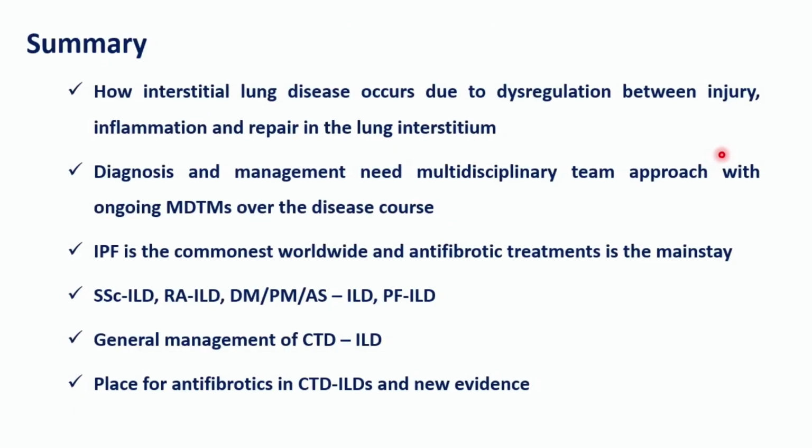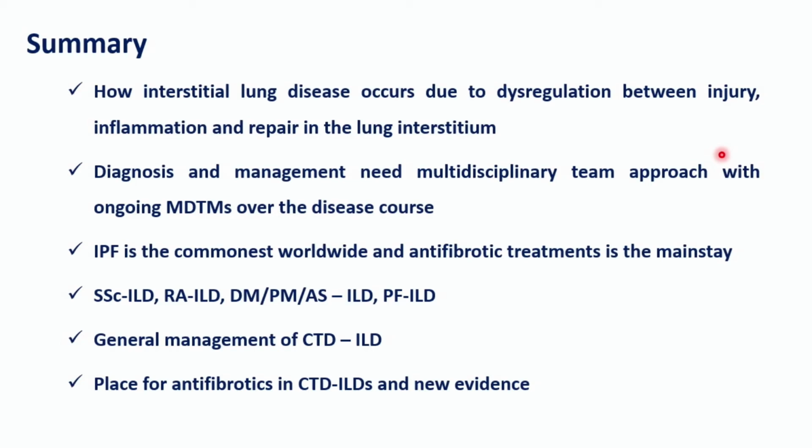So in summary, we talked about how interstitial lung disease occurs due to dysregulation between injury, inflammation, and repair in the lung interstitium. And diagnosis and management need a multidisciplinary team approach, with ongoing multidisciplinary team meetings to manage the disease. And IPF is the commonest interstitial lung disease worldwide.